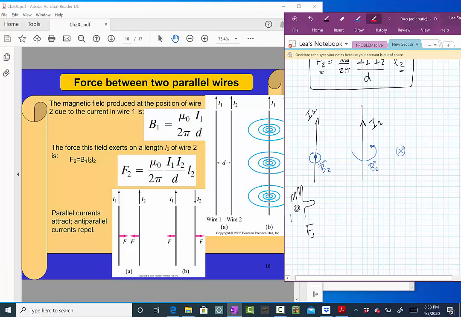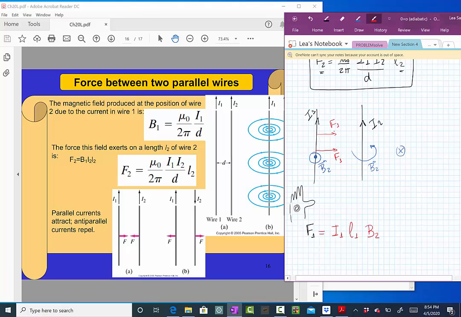This means that the force F1 on I1 is pointing to the right. And what is this force F1? This force F1 is the current I1, the length of wire 1, and the field. Which field? The B2, the field caused by the wire 2.